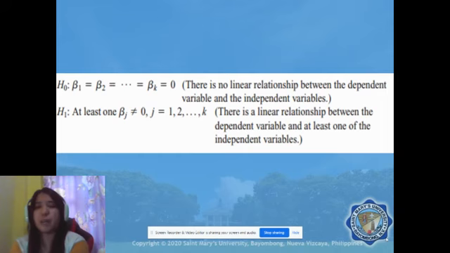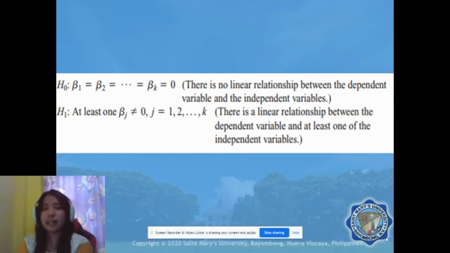dependent variable and independent variables, or similarly, beta sub 1 is equal to beta sub 2 is equal to, until beta sub k, which is equal to 0, because there's no linear relationship if the value is equal to 0.